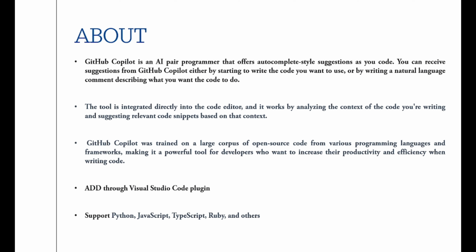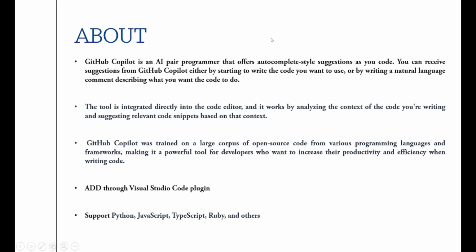Actually, this tool, the GitHub Copilot, was trained on a large corpus of open source code. It supports various programming languages such as Python, JavaScript, TypeScript, Ruby, and others. You can use this tool within frameworks, and it is a powerful tool for developers who want to increase productivity and efficiency when writing their code.